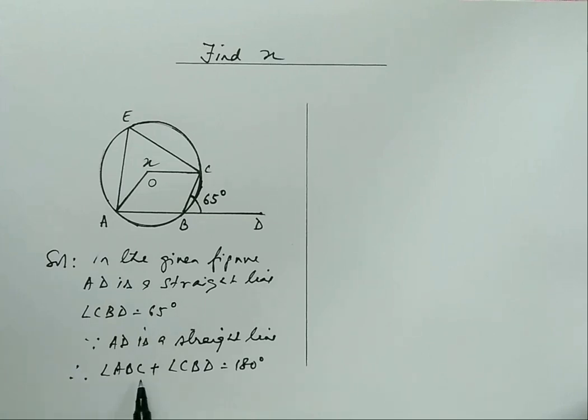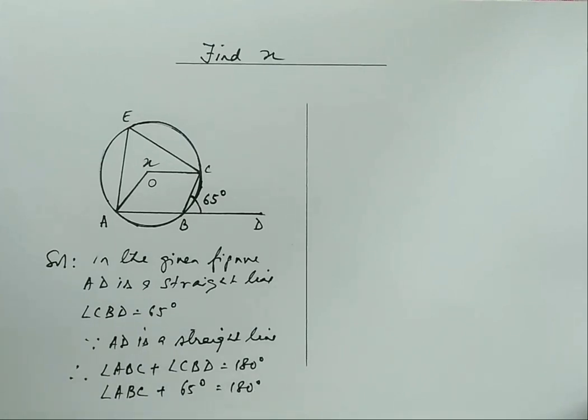We do not know ABC, but we know CBD. So angle ABC plus 65 degrees is equal to 180 degrees.